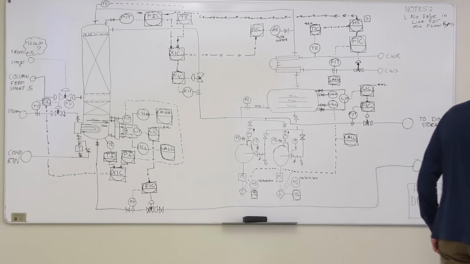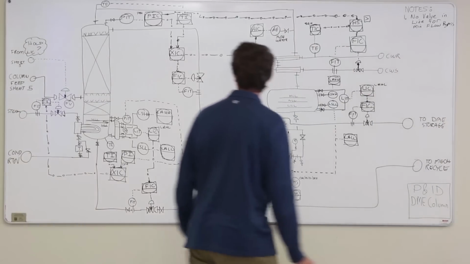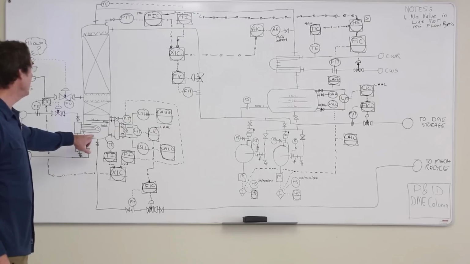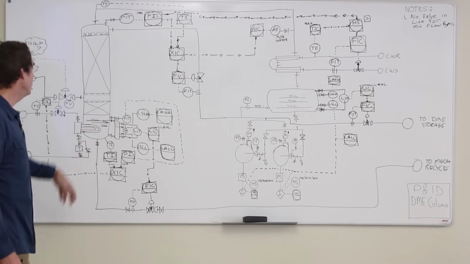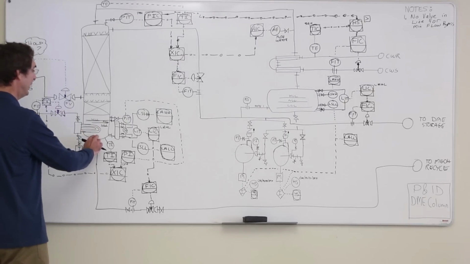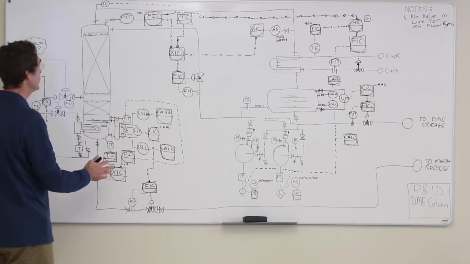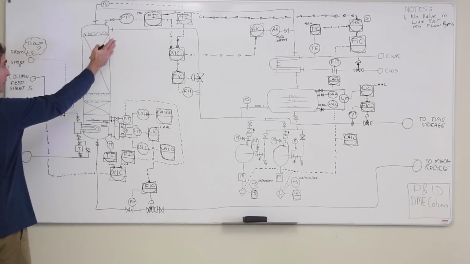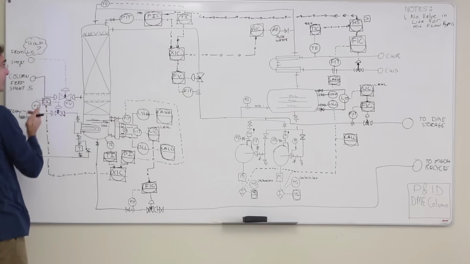The other thing that we might want to do is it's possible to overpressure a column just by basically boiling the vapor, by basically the reboiler creating so much vapor that it starts to overpressure the system. So we might actually want to have an interlock off the pressure control system that shuts the steam valve off.